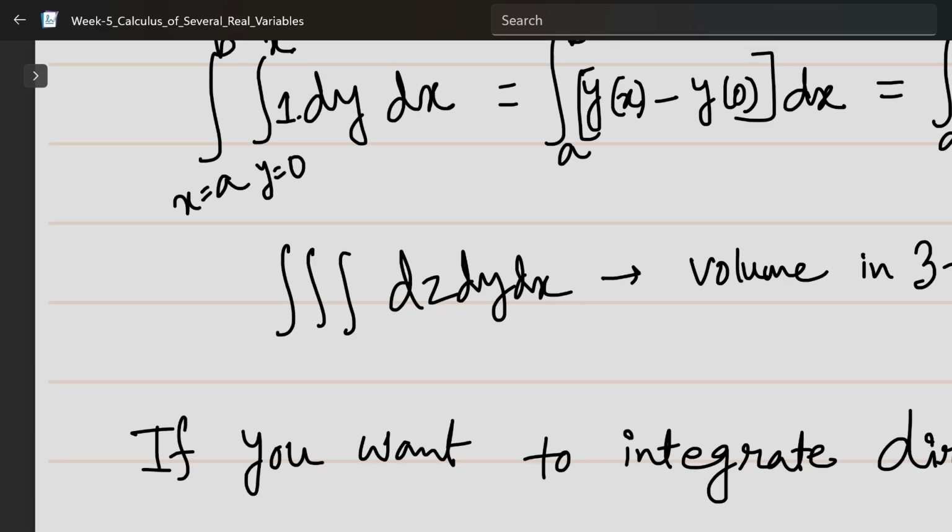After integration you will get some function of x only, then you will get some number, some answer. But sometimes it is not possible to do direct integration. So what to do in that case?